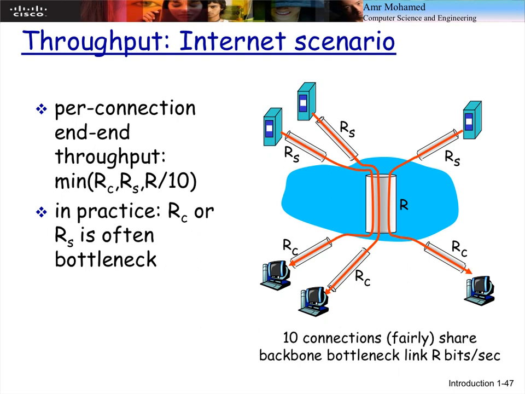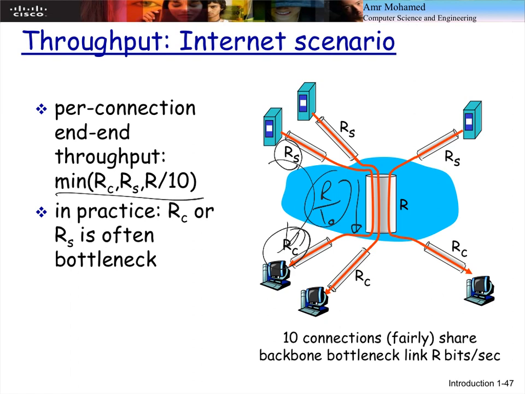Assuming there are no specific quality of service requirements, the bandwidth per connection at this link will be R over 10. Then the end-to-end throughput will be the minimum of Rs, R over 10, or Rc.